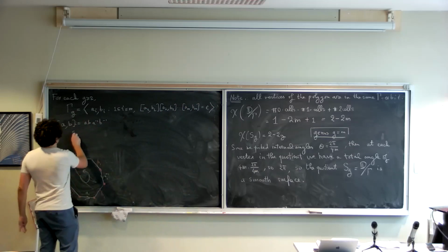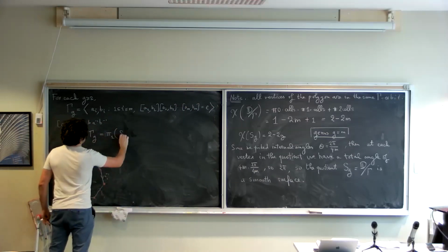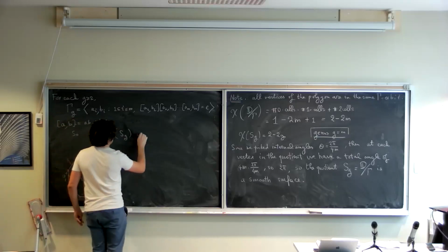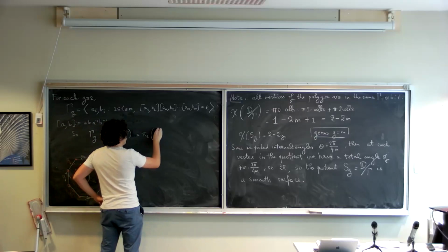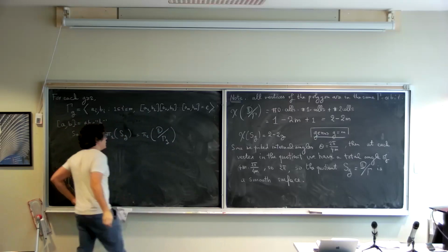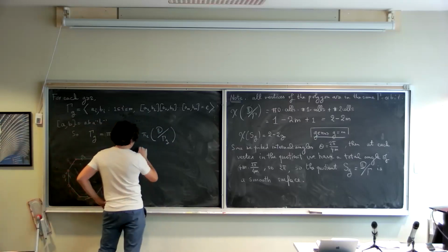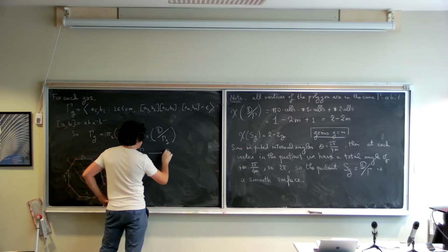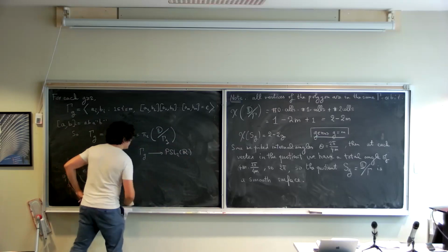Again, gamma_g is the pi1 of the surface of genus g, which can also be thought of as the disk quotiented by gamma_g, through this representation of gamma_g in PSL2R that I defined before.